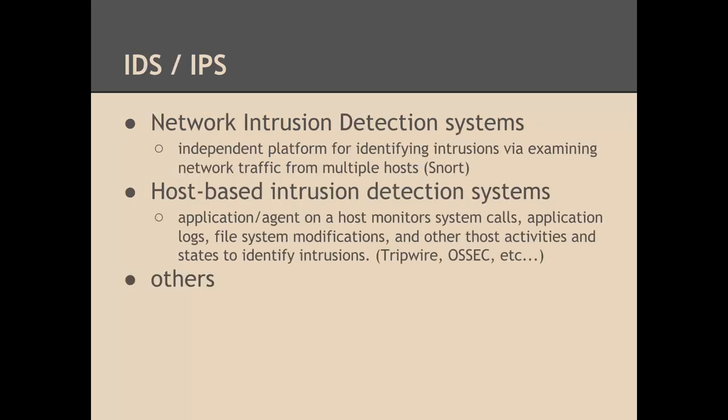There are two types of systems here for intrusion detection systems and intrusion prevention systems. And there are network-based ones and there's host-based ones. The network intrusion detection systems, sometimes just called NIDS, are independent platforms.